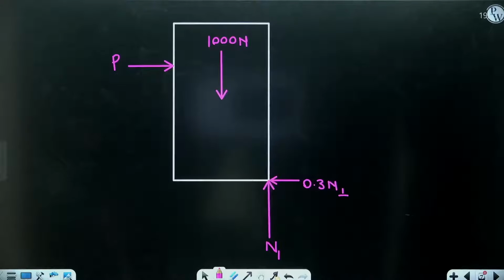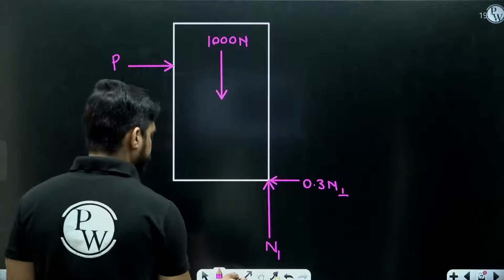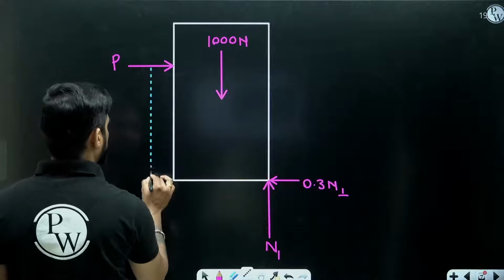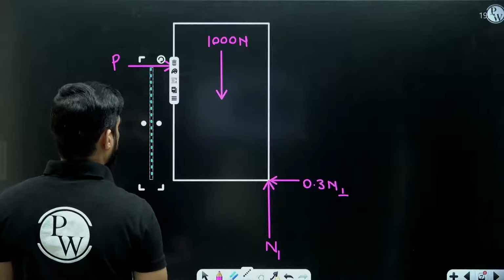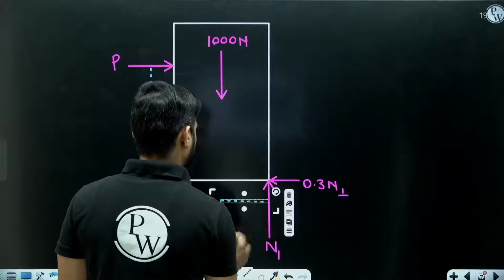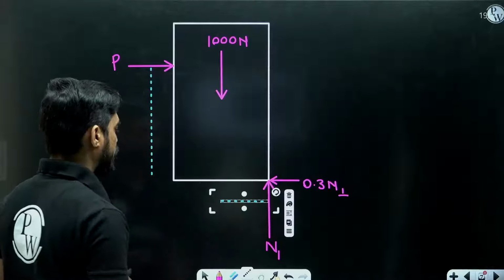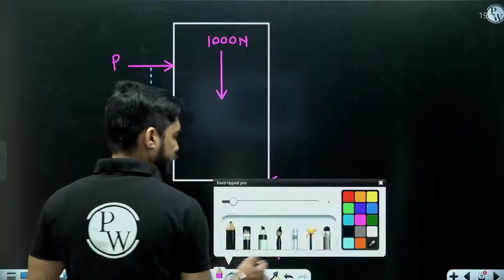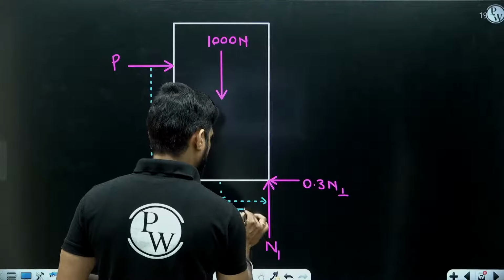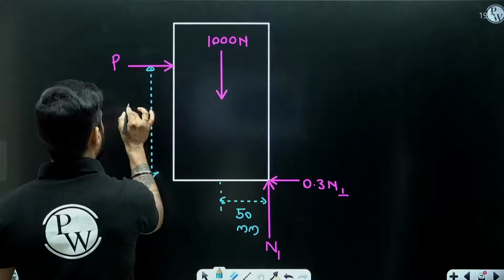Now we need to find the value of H. This distance is H. This distance will be how much? Half of the width. And the width is how much? The width is 100 mm. So this distance is 50 mm. And let's say this is H mm.